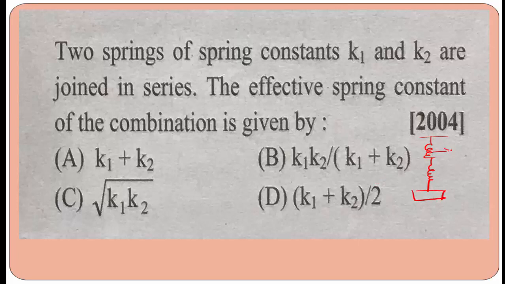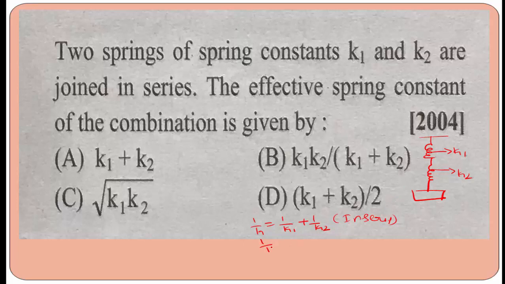Two springs of spring constants K1 and K2 are joined in series. The effective spring constant of the combination is 1 by K is equal to 1 by K1 plus 1 divided by K2 in case of series.